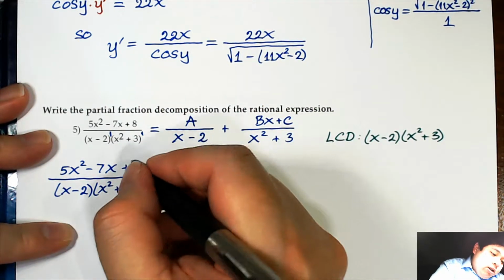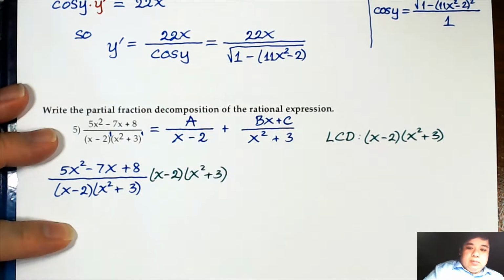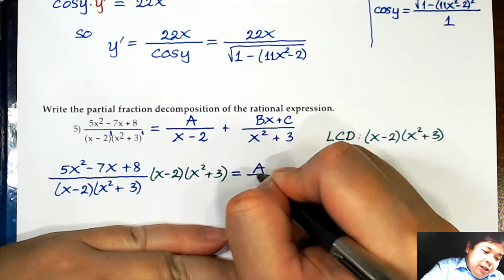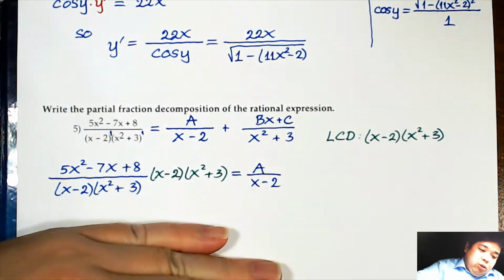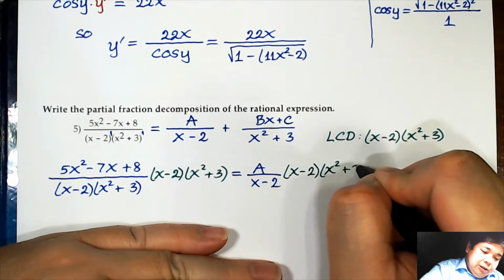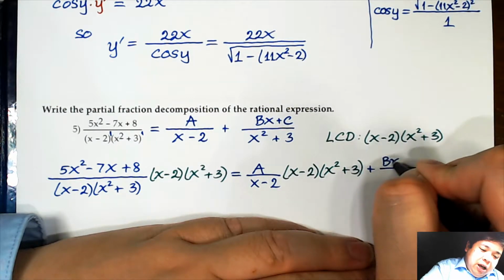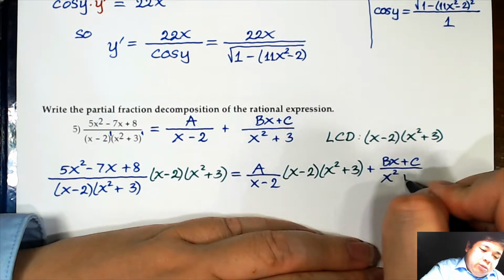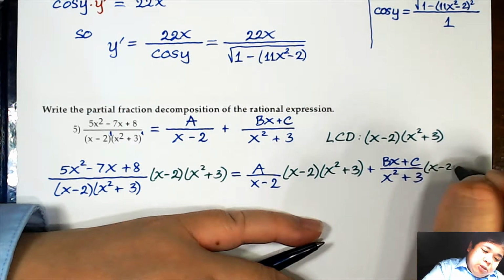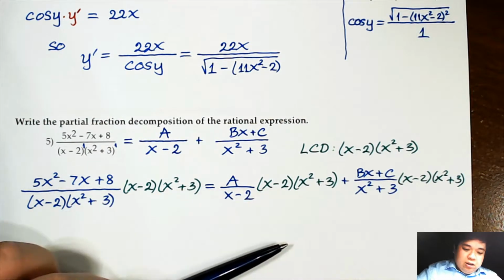And then we multiply both sides by x minus 2, x squared plus 3, A times x squared plus 3, and then plus bx plus c times x minus 2. Right.